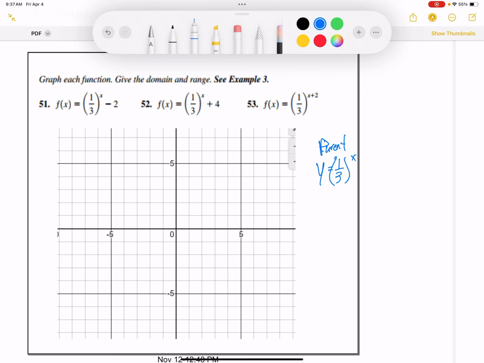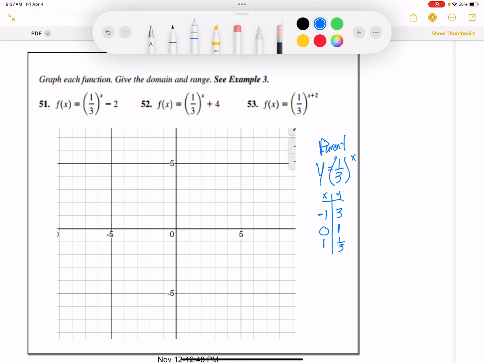Maybe you need to plot a couple points, but if you remember the idea of just the 3 points, -1, 0, and 1, you can get what you need. But you can also just keep plotting. So for -1, if 1/3 is to the negative power, it flips, so this is 3. For 0, 1/3 to the 0 power, anything to the 0 power is 1. And then 1/3 to the first power is 1/3.